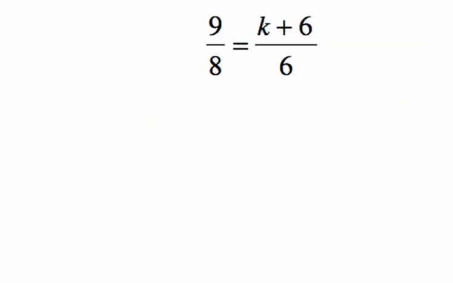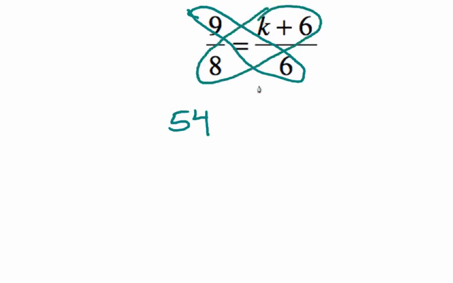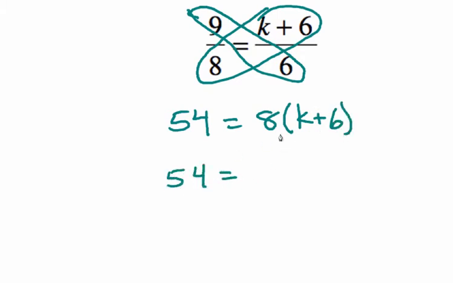We're going to do one more problem like this. We're going to cross multiply. 9 times 6 is 54. We'll multiply in the other direction. We're going to write 8 times the quantity (k plus 6). So 54 equals, well, we could again distribute, right? 8k plus 48.